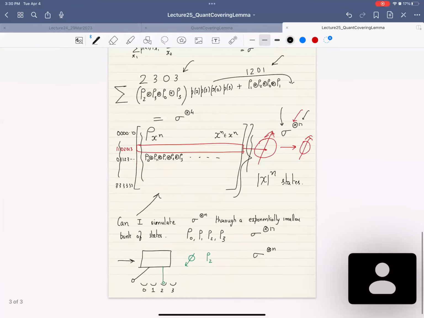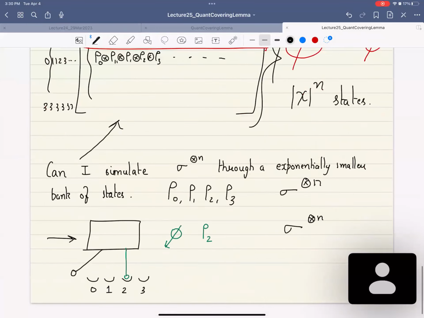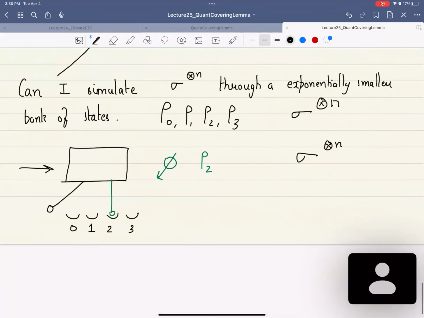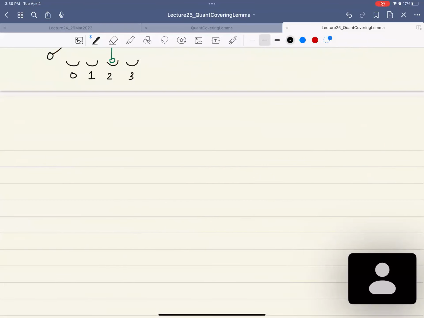Yeah. So I can only prepare this collection, rho xn belonging to X^n. I don't want to prepare each one of them and pick with that probability. I want to find a smaller collection with which I can simulate my sigma tensor n.